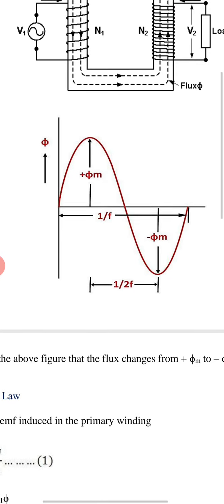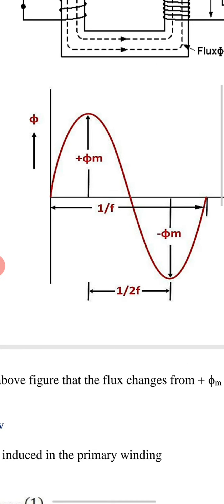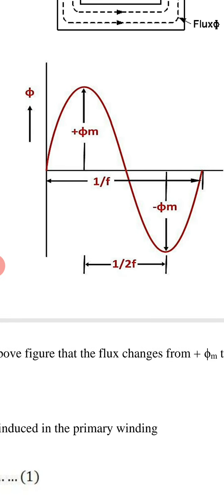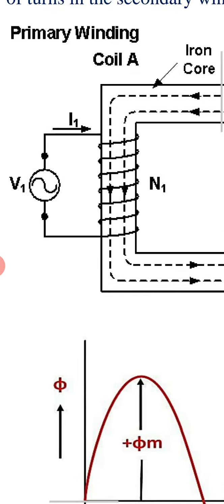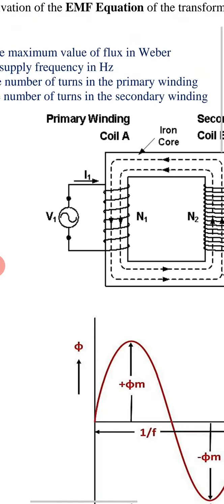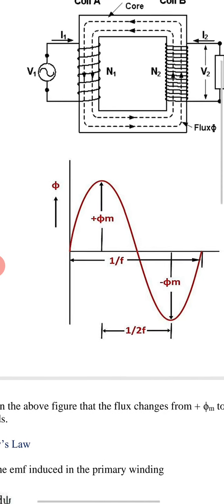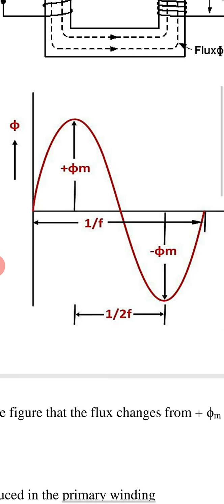Looking at the waveform of the flux, we can see that the waveform of the flux is of alternating nature. Why is it so? Because we are supplying an alternating supply to the primary winding, so the flux which is set up is also of alternating nature. Here we can see that this is a waveform of flux and it is completing one complete cycle.